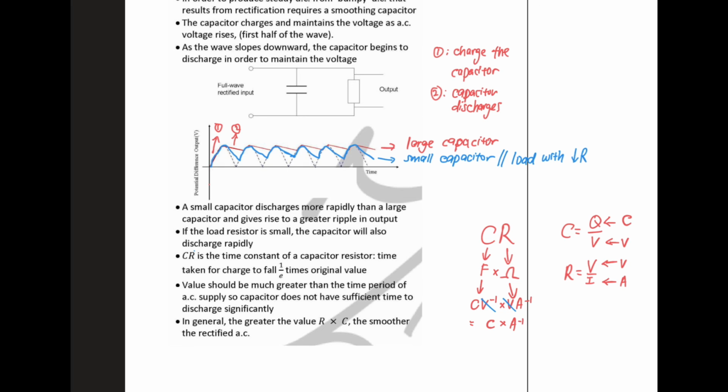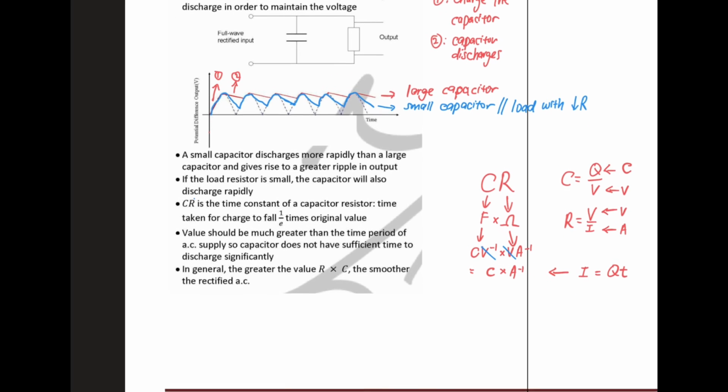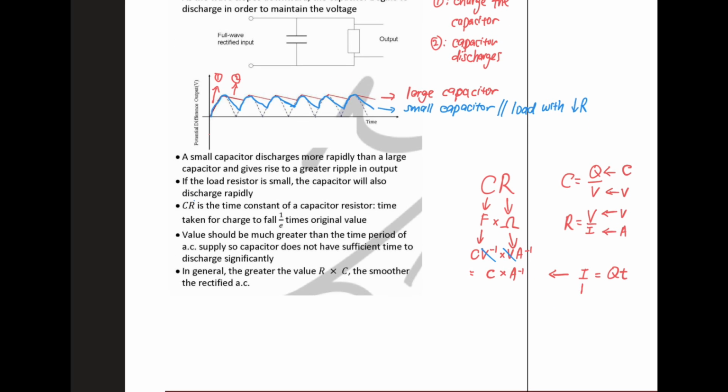Then we also need to know that I equals Q over T. So that means the unit ampere equals coulomb multiplied with time. Oh no, is it like that?